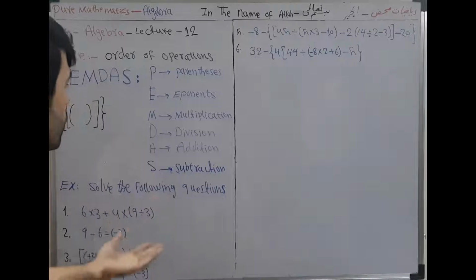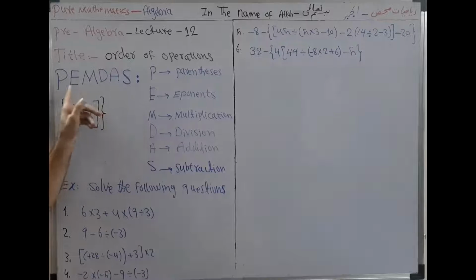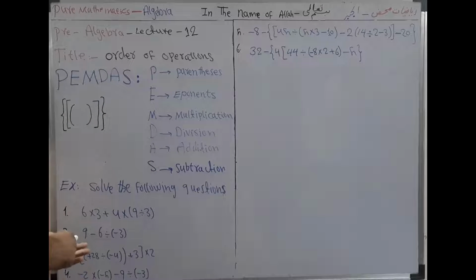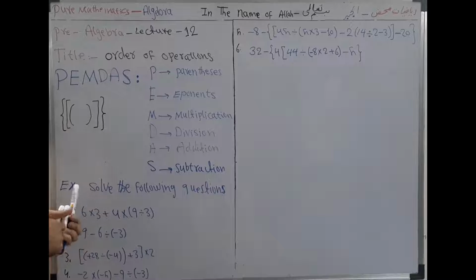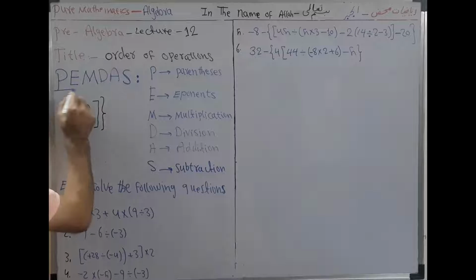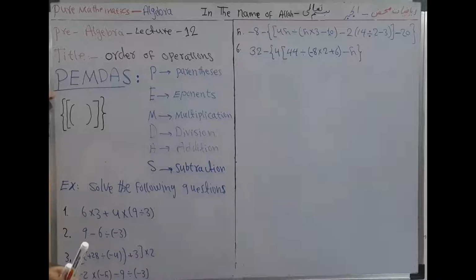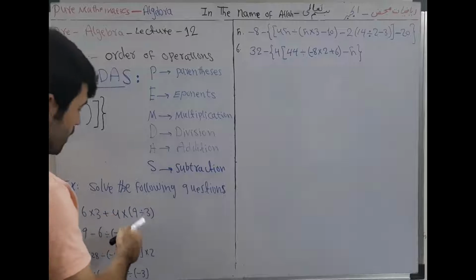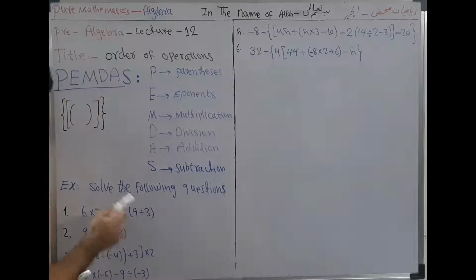Here is the rule, which we know as PEMDAS. It is a rule for solving algebraic real number expressions. In example 1 we have multiplication, addition, and parentheses, also a small parenthesis, and division.